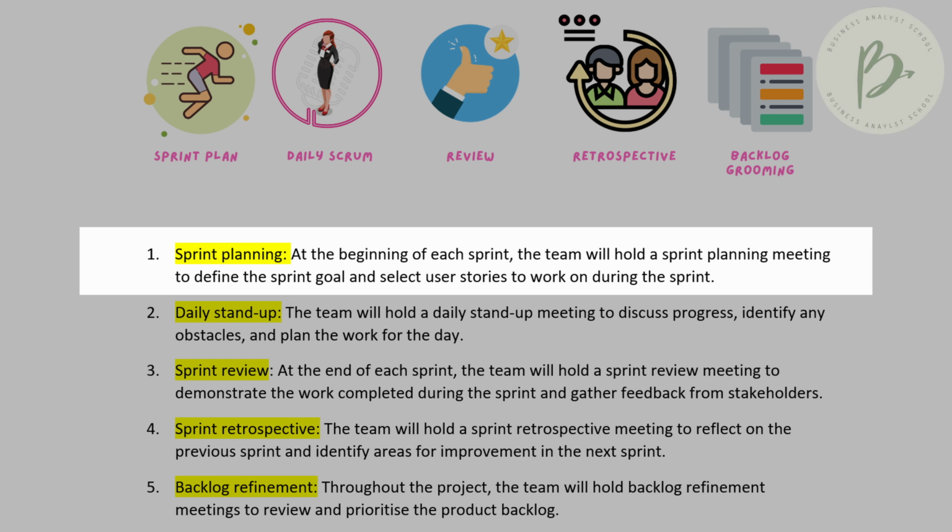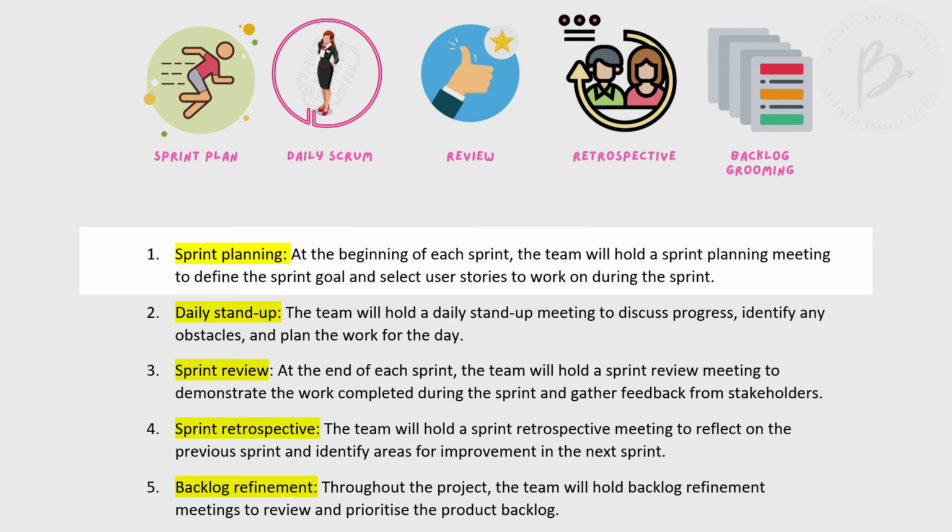Say on Monday morning, we will have a meeting to define the sprint goal. What are we trying to achieve in the next 2 weeks? And then we will select the user stories from our product backlog to work on during the next 2 weeks.